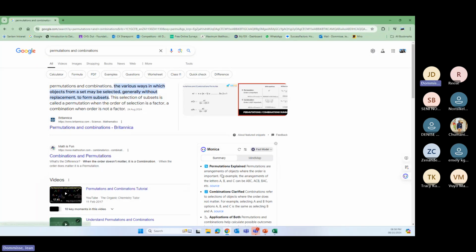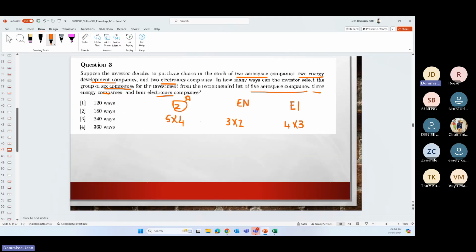Okay, so I just want permutation or arrangement of objects where the order is important. So we don't mind about the order, so this is combinations. So for the first one, 5 combination 2. For the second one, 3 combination 2.